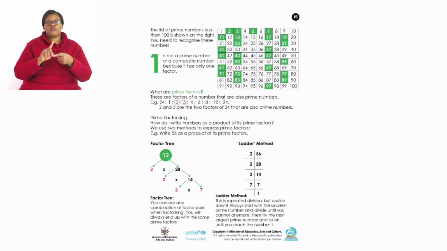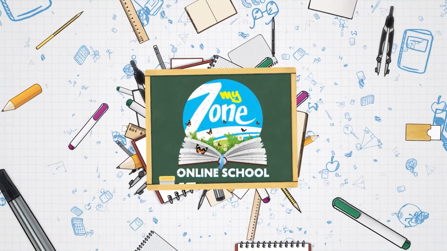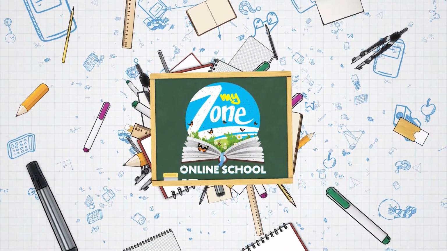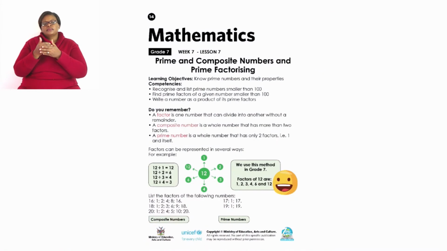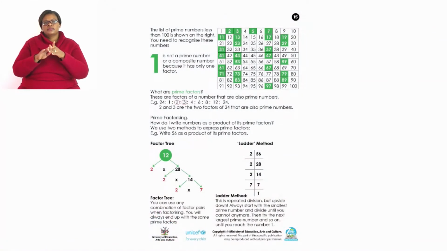We need to make a correction there at the 12. It's supposed to be 56. So we just have to take out that 12 and write 56 there.